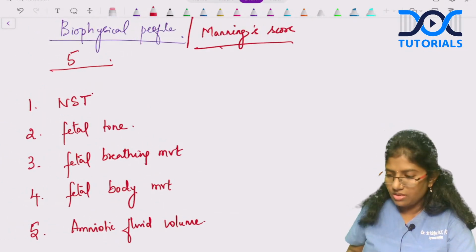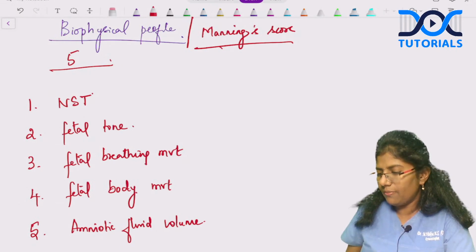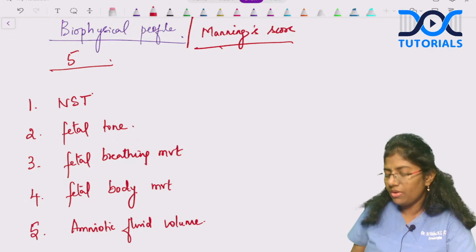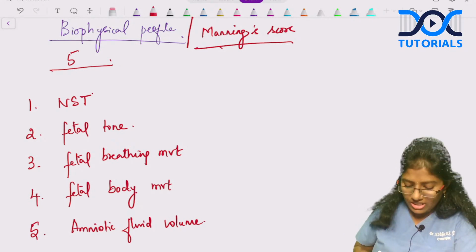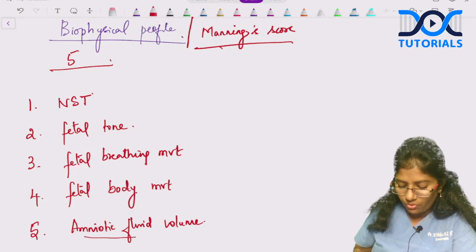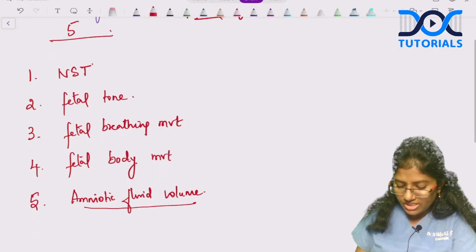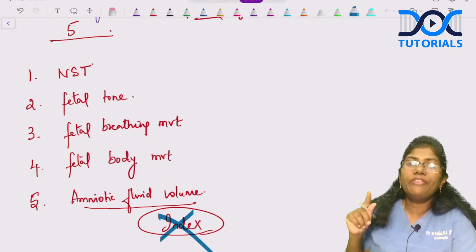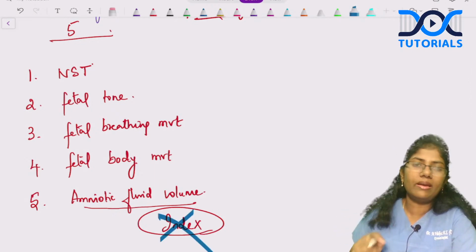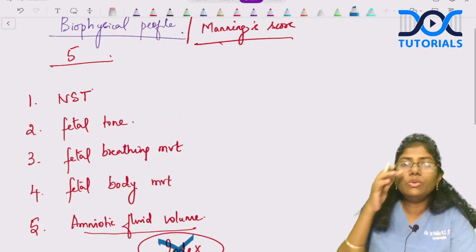Garima, NST, fetal tone, fetal breathing movement and body movement are right, but AFI is wrong. Please, all of you doctors, see here I have written only amniotic fluid volume. I haven't written amniotic fluid index because this is not amniotic fluid index. So what is it then? I'll tell you. For now you listen.